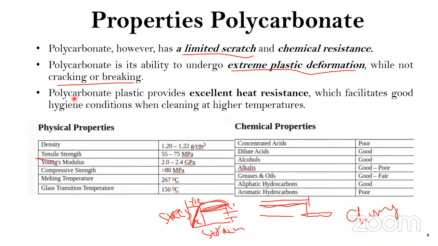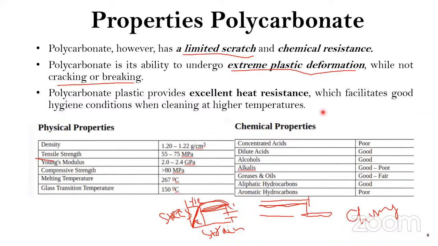This polycarbonate plastic provides very excellent heat resistance, as I told you, due to the presence of two benzene groups. They are excellent heat resistant, which facilitates good hygienic conditions while cleaning at high temperature.